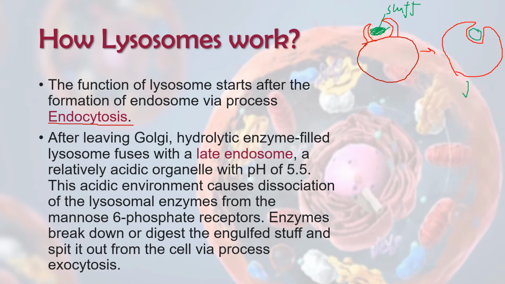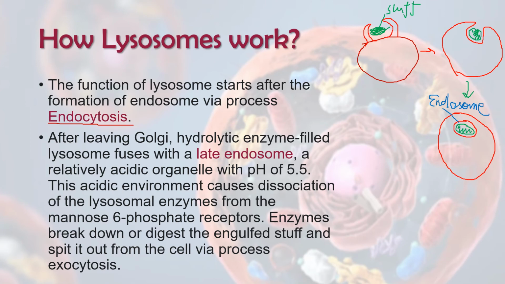And ultimately it buds off inside the cell. So now this one is known as an endosome, and this process of engulfing any foreign particle is known as endocytosis. This particular vesicle is known as an endosome.